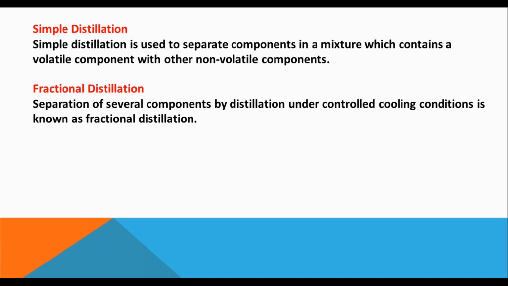Remember, if there is a question regarding fractional distillation, definitely they will ask what condition has to be applied here. The condition is that the components in the mixture should have a considerable difference between their volatilities, that means between their boiling points. If the boiling points are very close to each other, we can't separate them out 100%.